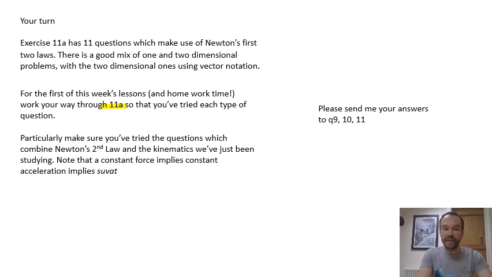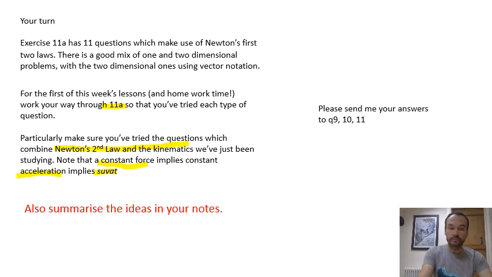Work your way through 11a, so you've tried each type of question. Particularly make sure you've done the questions which combine Newton's second law and the kinematics we've just been studying. Constant force implies constant acceleration, implies SUVAT. We can look in the future at what a non-constant force would imply.